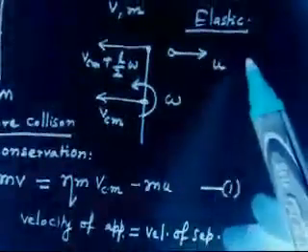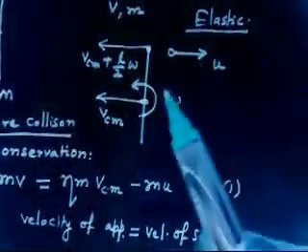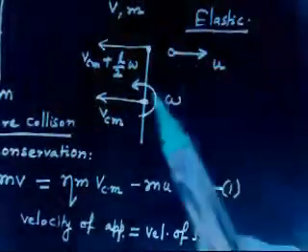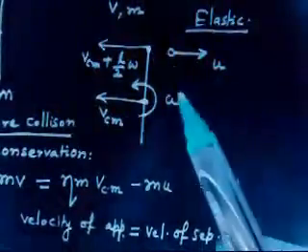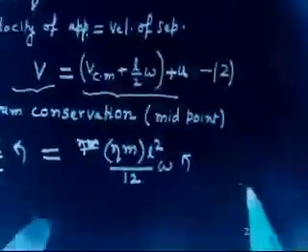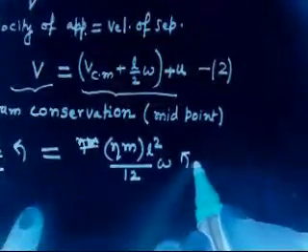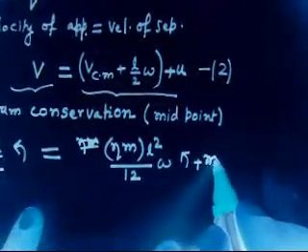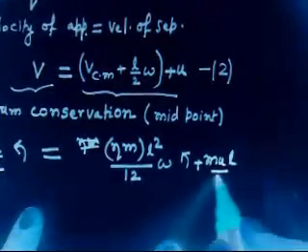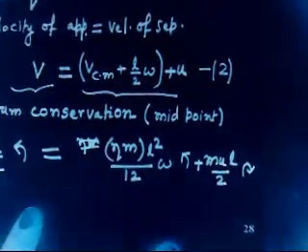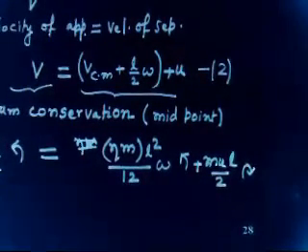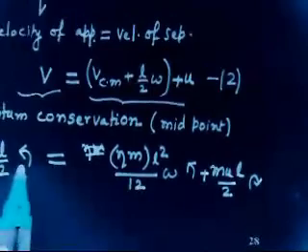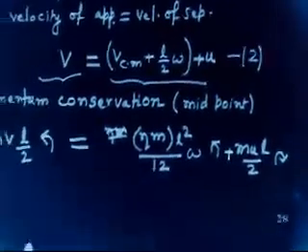But now this ball is moving in this direction, so this will also have angular momentum mvr, so m into u into L by 2, but this is going this side, so this will have this direction. So you will have plus m u L by 2. If I take this as positive, then this will become negative.